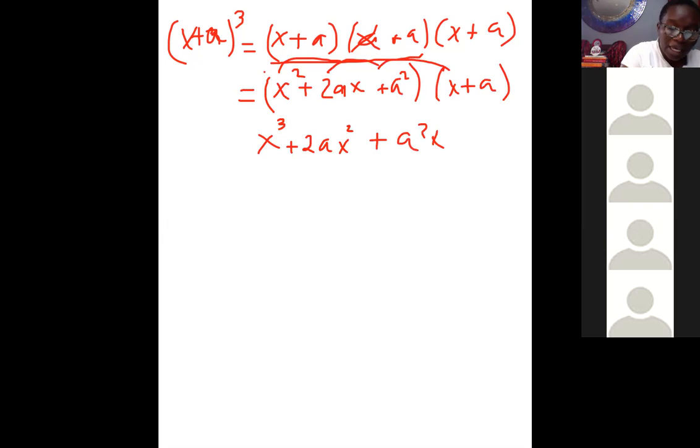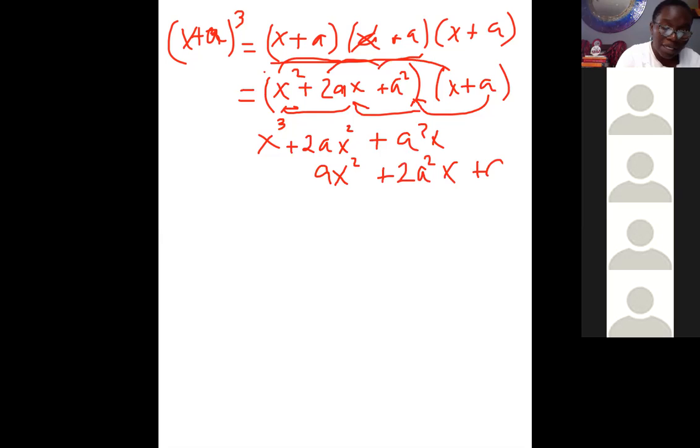And then you take the a and multiply it by every term here. So this would give you ax squared plus 2a squared x, and then plus a cubed.